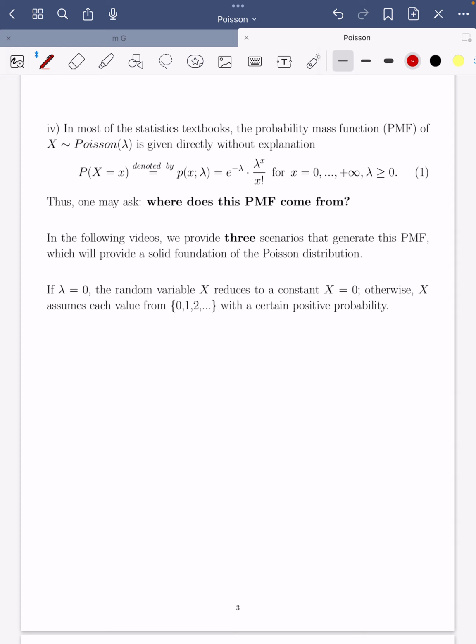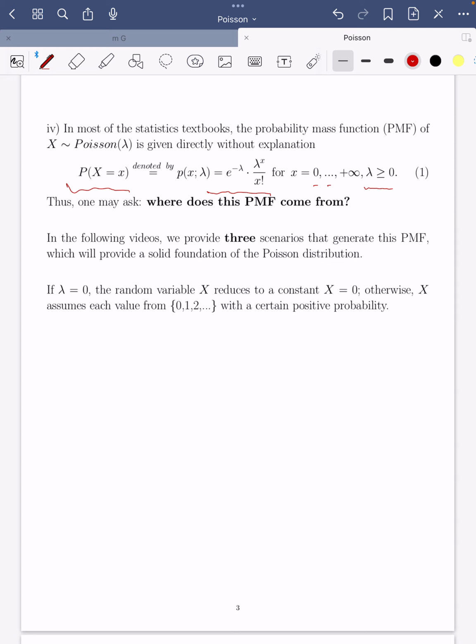In most statistics textbooks, the probability mass function of Poisson random variable is given directly without explanation. So we always see that the Poisson probability mass function is equal to e to the negative lambda times lambda to the power x over x factorial, for x equal to 0, 1, up to infinity, and for a fixed number lambda larger than or equal to 0.